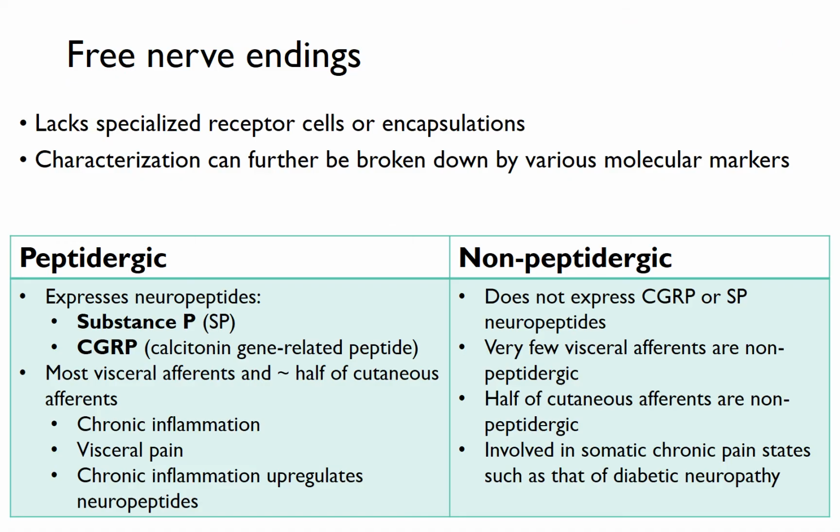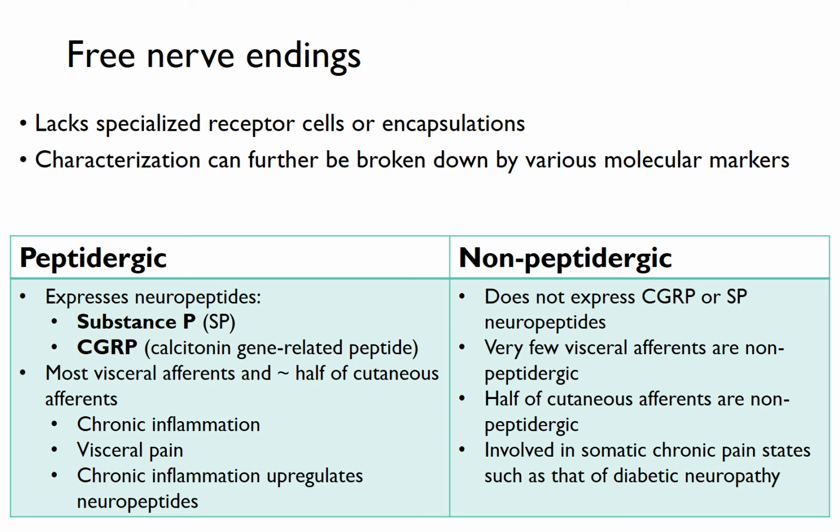And so, therefore, what we can say is that free nerve endings, not only do they lack specialized receptor cells, they also lack encapsulations and they lack a specific mechanoreceptor. They are truly free to innervate the periphery according to the programming set up in neurodevelopment.